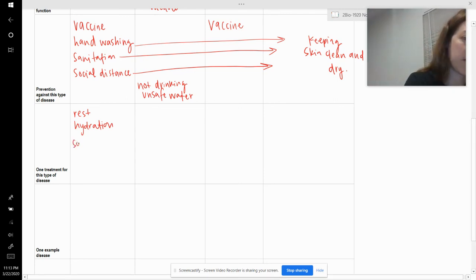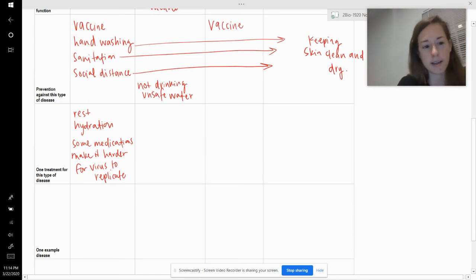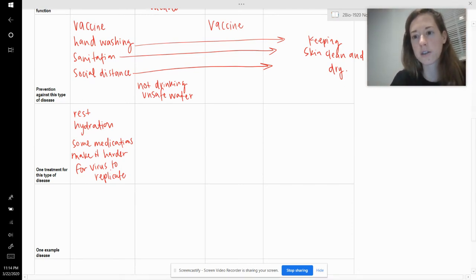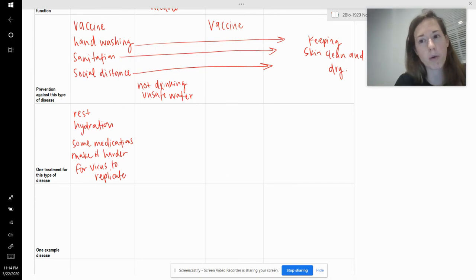So I'll say some medications make it harder for virus to replicate. And that's what Tamiflu does. It basically stops the virus's ability to bind to your cells so that it can't make more viruses.